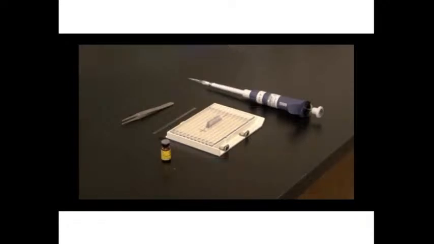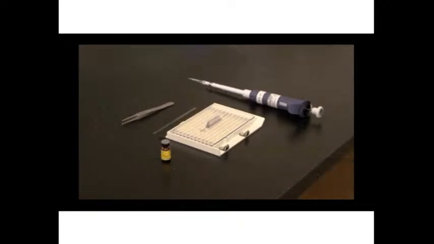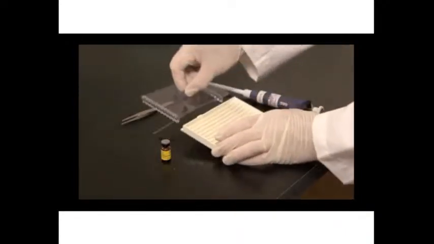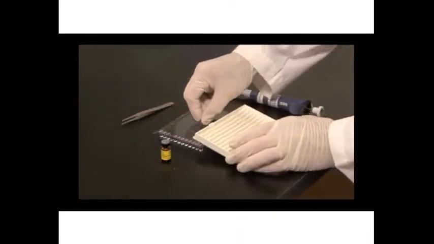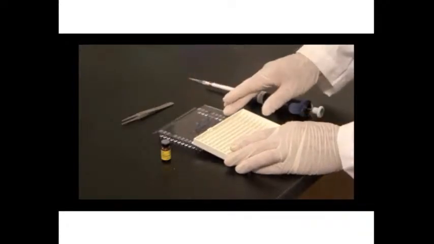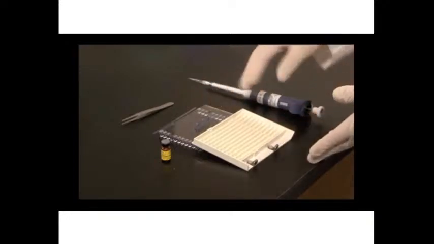To rehydrate the strip, I will load 200 microliters of sample into the focusing tray in each lane that I'll be running a strip. I am using a focusing tray that is specific for 11 centimeter strips. Trays are available for all Ipg strip lengths. Tilt the tray toward you to allow for even distribution of the sample. An easy way to do this is to put the focusing tray on the edge of the lid to the focusing tray, so you have the tray at an angle towards you.